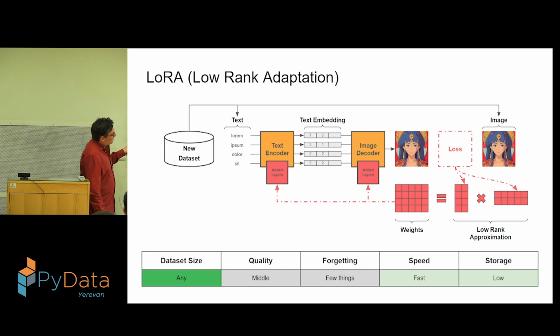We're freezing the entire text encoder, the entire image decoder, and train only our added layers. In this case, it's obvious that we are adding to the count of parameters. We're just adding some layers, which means we multiply the amount of weights, and we will have a pretty large weight matrix.